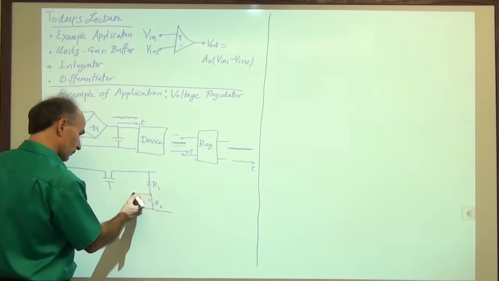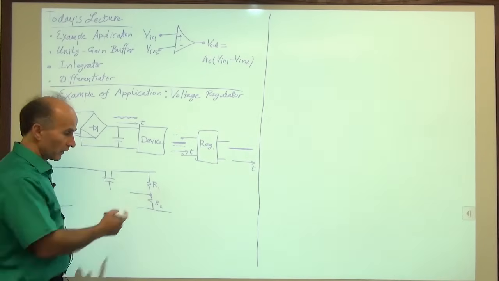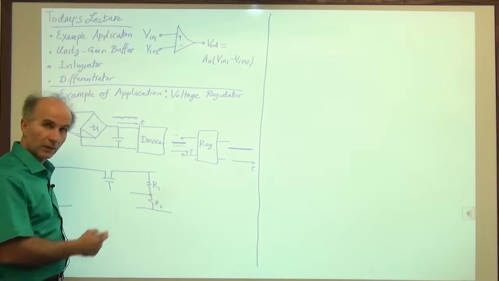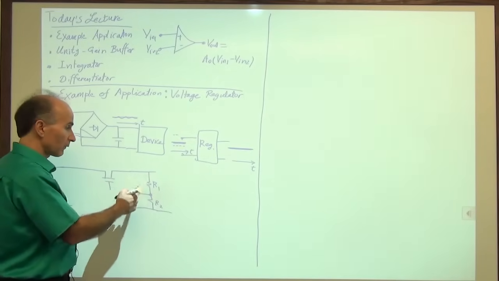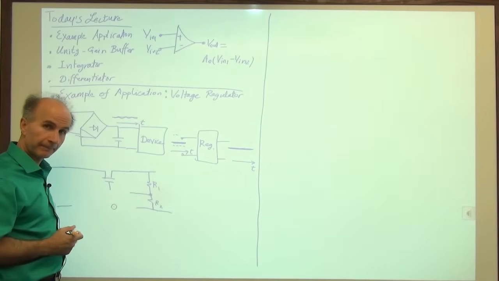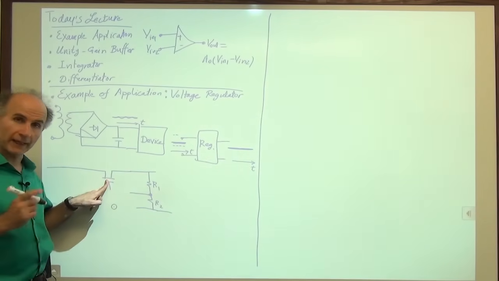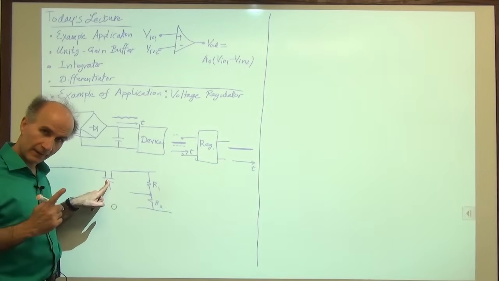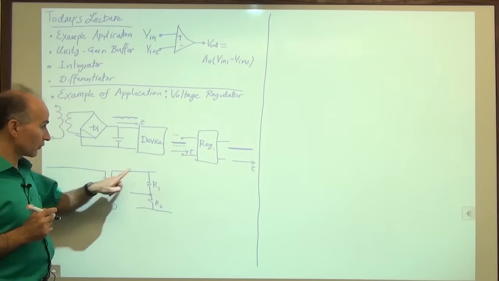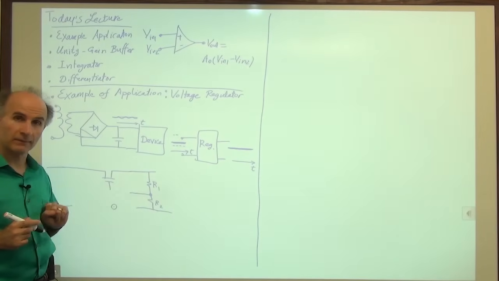Okay, so here's a voltage. This voltage represents the output voltage with just a simple factor. These two are related. So if for some reason this voltage is going up, this voltage is also going up. Now, I need to tell this guy to adjust its resistance and hence adjust this voltage depending on what I'm measuring here.